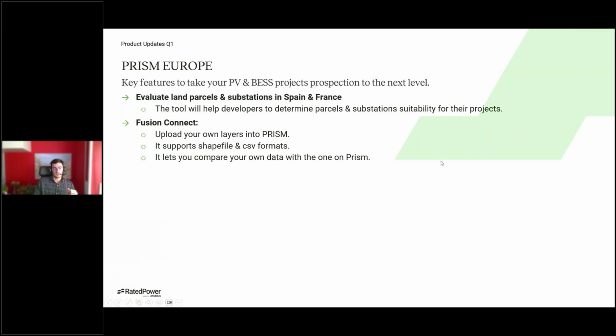But up to now, users will also be able to use Fusion Connect, which is a tool that gives them the possibility of uploading their own layers into PRISM, in case we want to include some additional information to the tool.